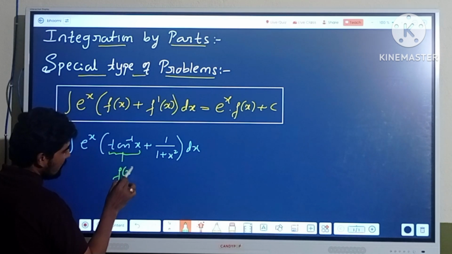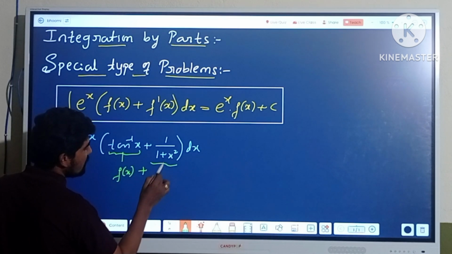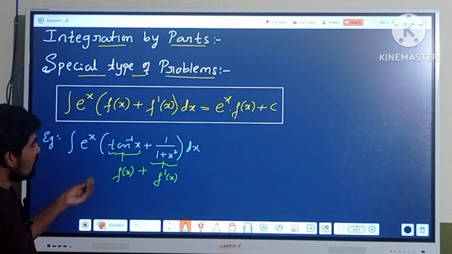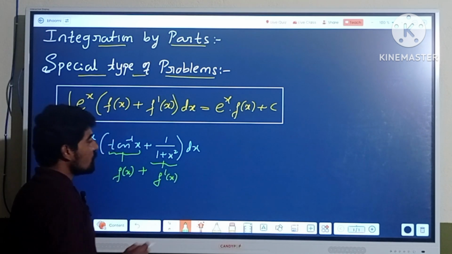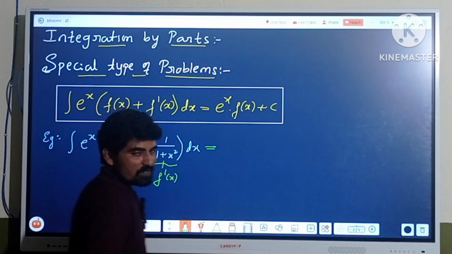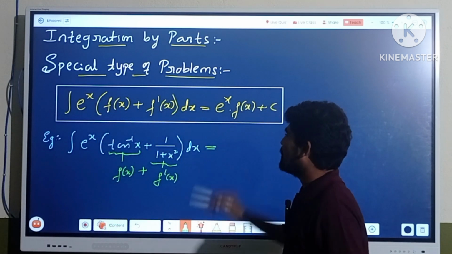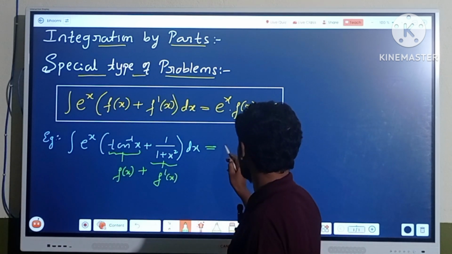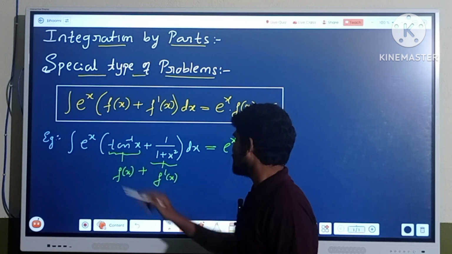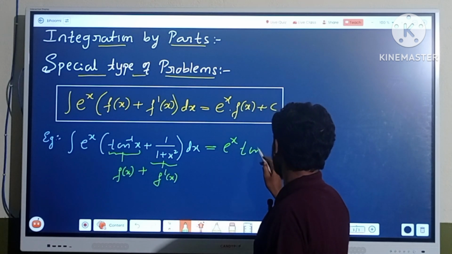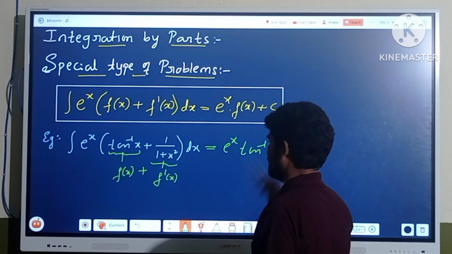We know that the derivative of tan inverse x is 1 divided by 1 plus x square. So if a problem is in this form, no need to solve this by using the parts method. Directly by using the standard formula, we can write its answer: e power x into f x, what is f x? Tan inverse x, plus c.